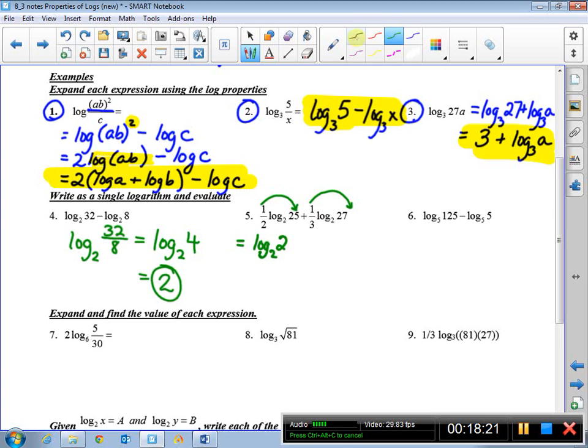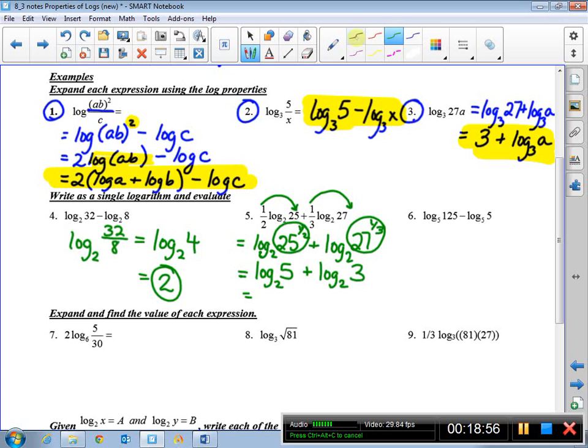And you can help me figure that out. 25 to the 1/2. 27 to the 1/3. So remember, a 1/2 power means a square root. Log base 2 of the square root of 25 plus log base 2 of the cubed root of 27. That's 3.